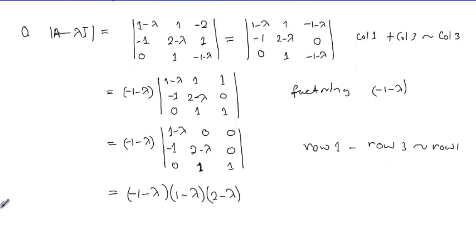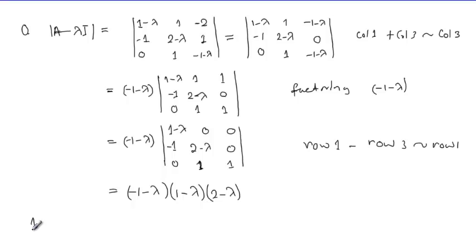So in the second step, our step number 1, this is our initial step. We set up the equation minus 1 minus lambda multiplied by 1 minus lambda multiplied by 2 minus lambda is equal to 0.